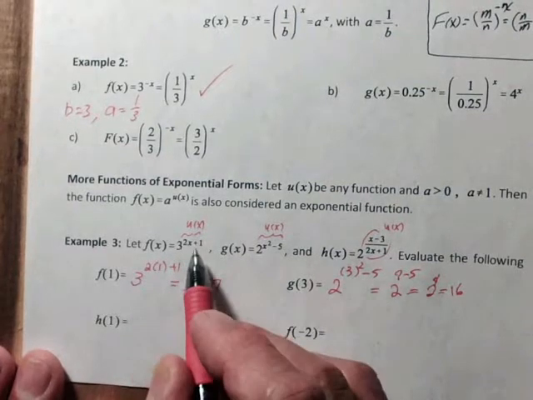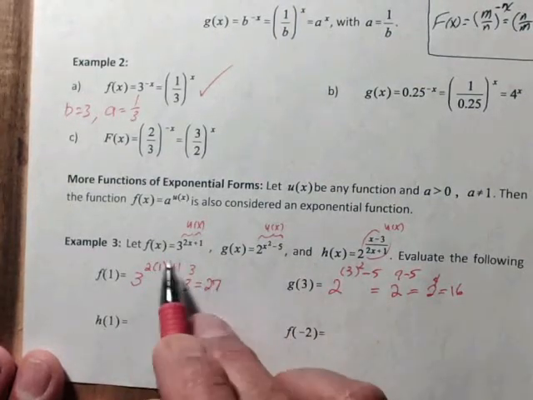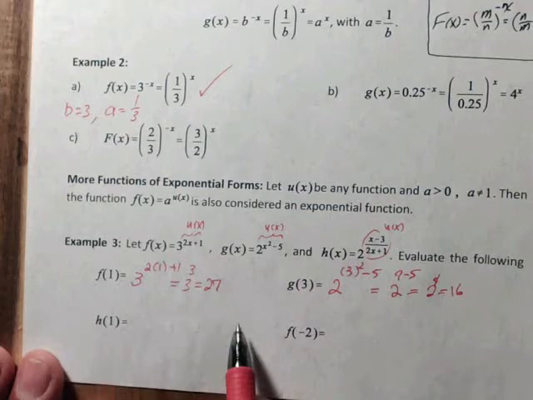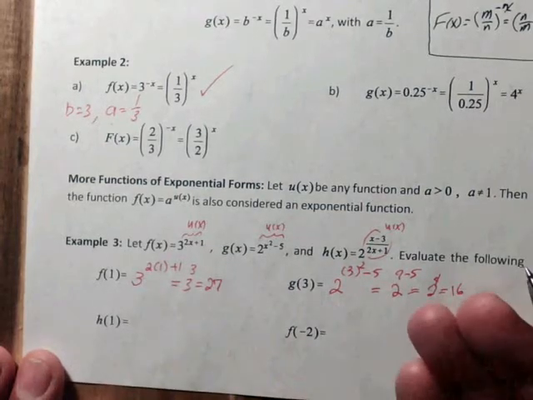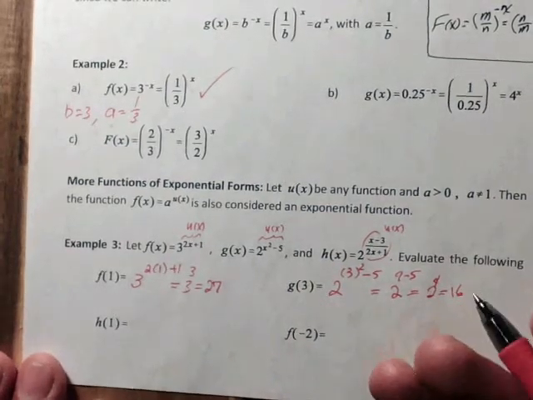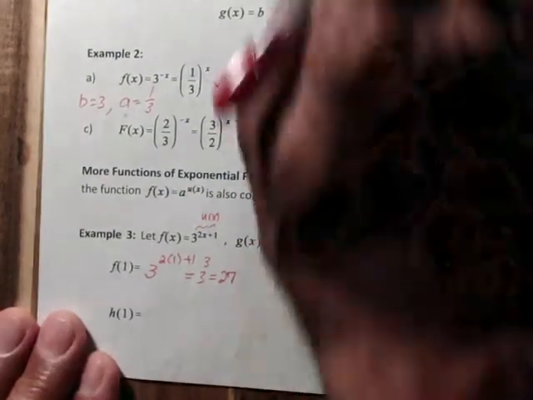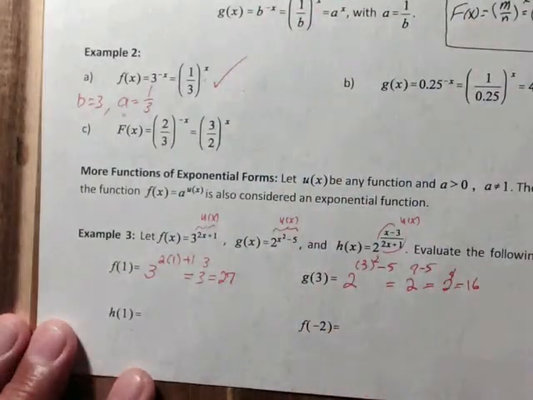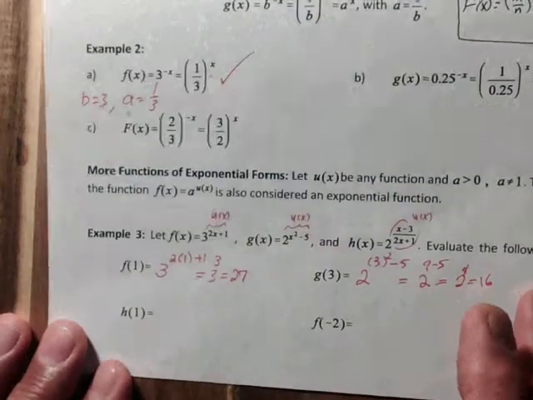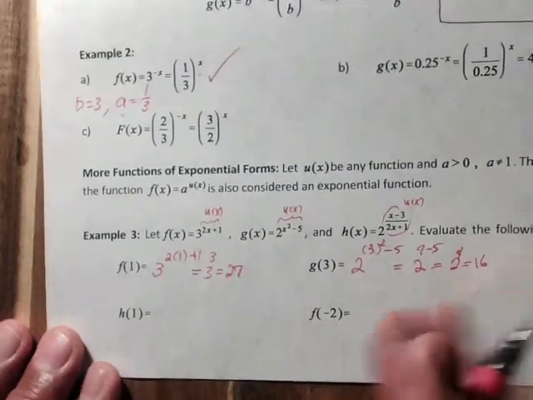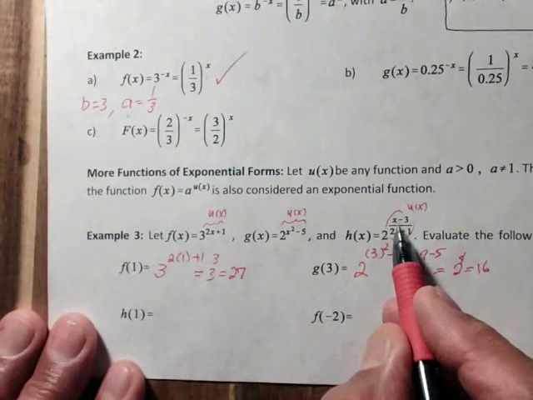Of course, x doesn't have to be a 1 or 3 or something nice. It could be a decimal. Of course, you can always use your calculator to find these exponential values. H of 1 means replace x by 1.